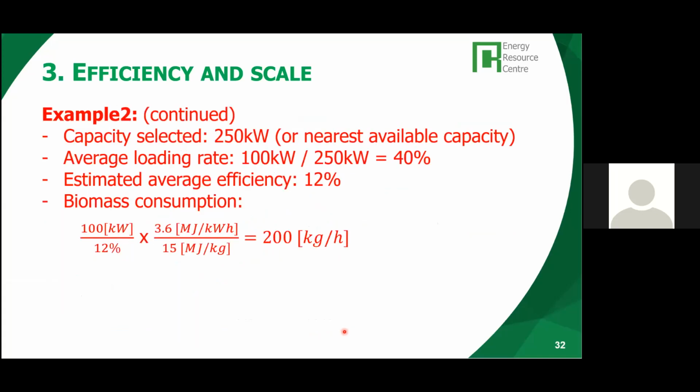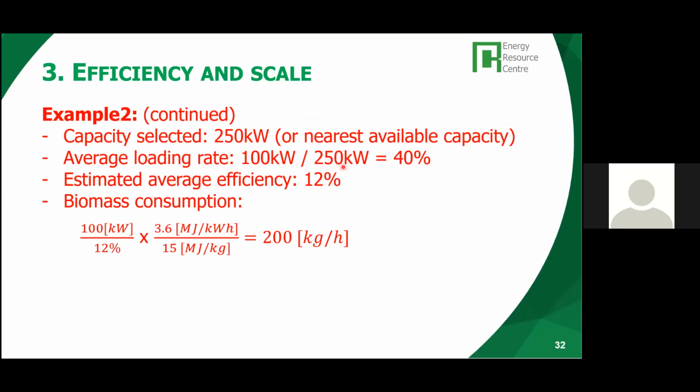On the other hand, if you would go with a larger capacity, let's say you would go for 250 kilowatts, which would be, let's say, the high end of the appropriate scale range, and you'd get a lower average loading rate. The average load would be about 100 kilowatts.